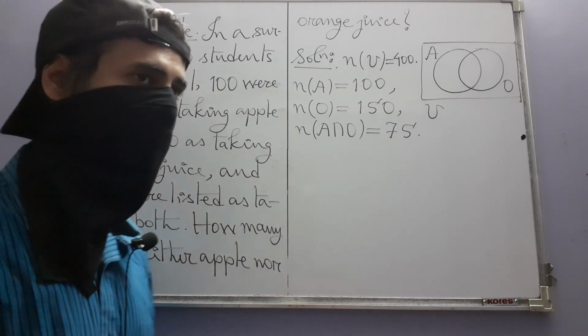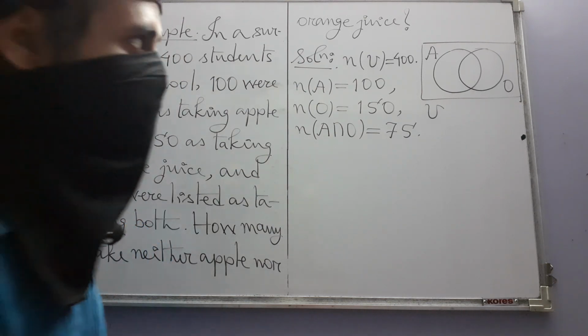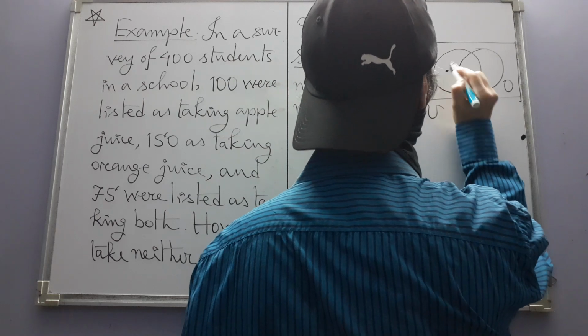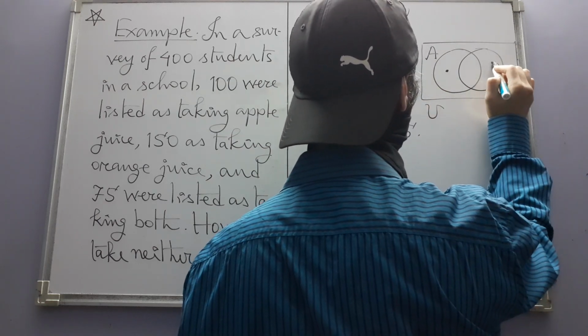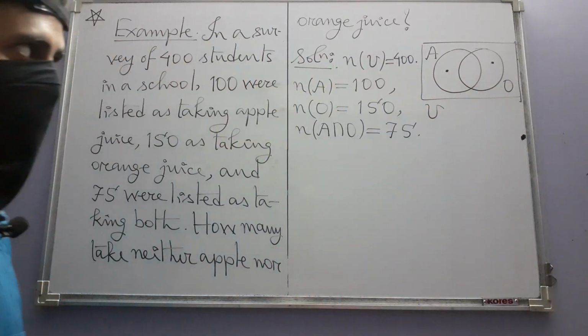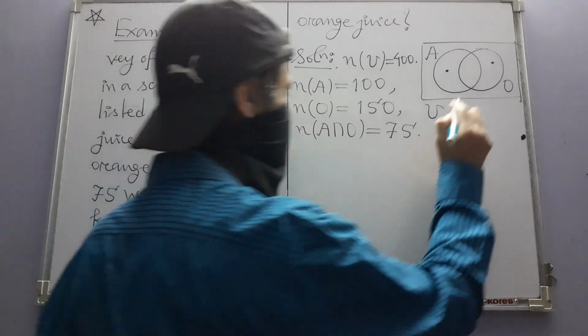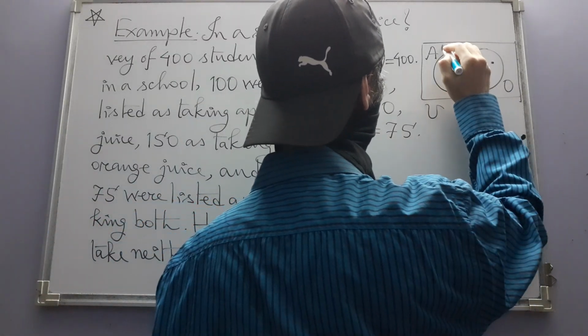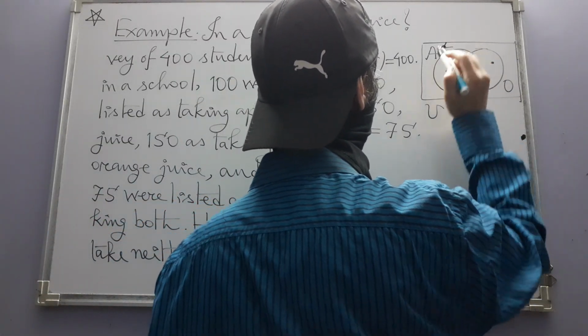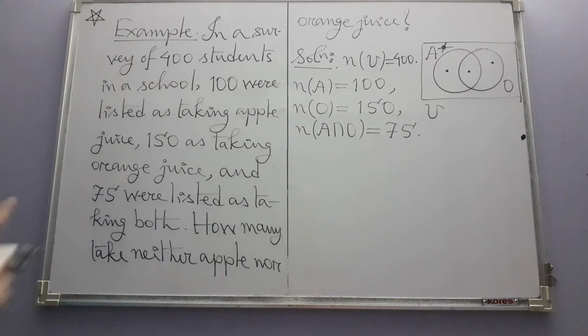So there are students who like to take only apple juice, and there are students who like to take only orange juice, and there are also students who like to take both, but there are also students who like to take neither, and that number we have to find.